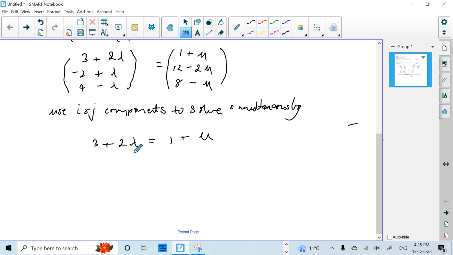And then I've got minus 2 plus lambda is equal to 12 minus 2 mu.